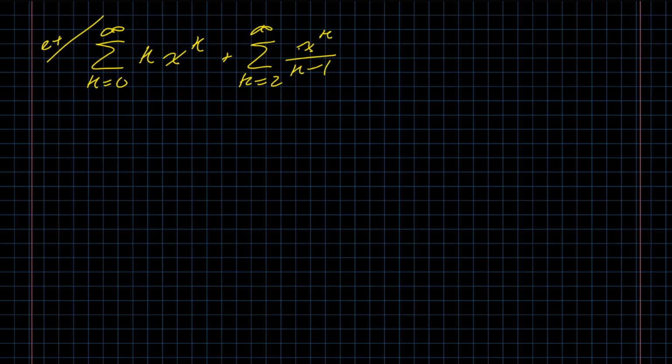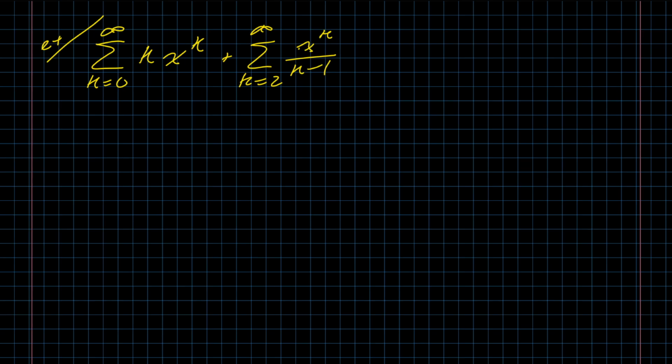I think it's fairly obvious why I needed to start at something like k equals 2 for the second sum. If I had started at k equals 1, then I would have x over 0, which is undefined. And if I had started at k equals 0, well, then I'd have had to continue through to k equals 1, where it's undefined, and it would have been bad.